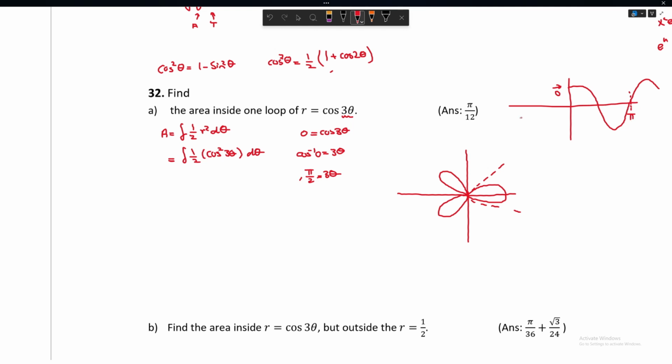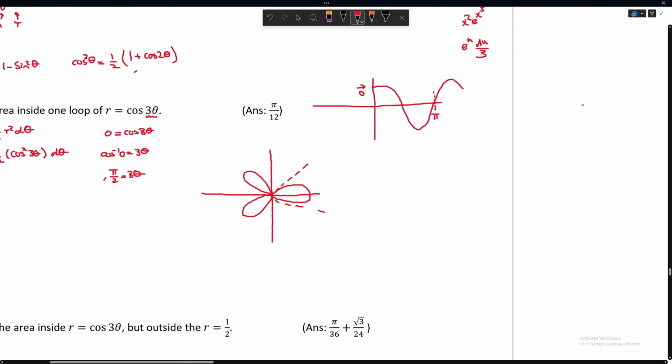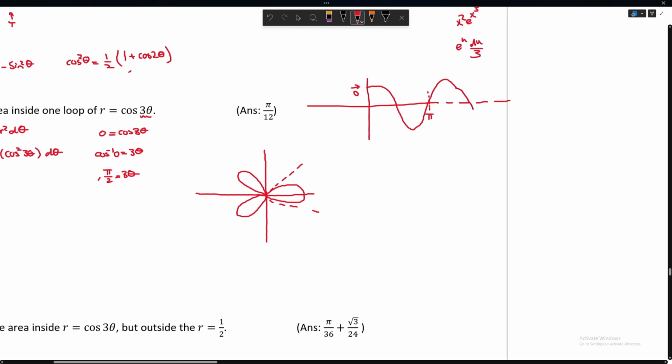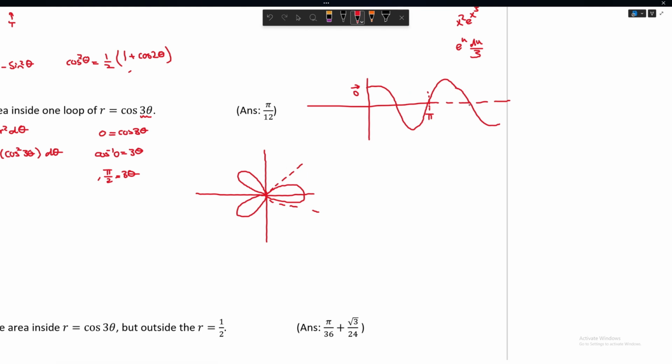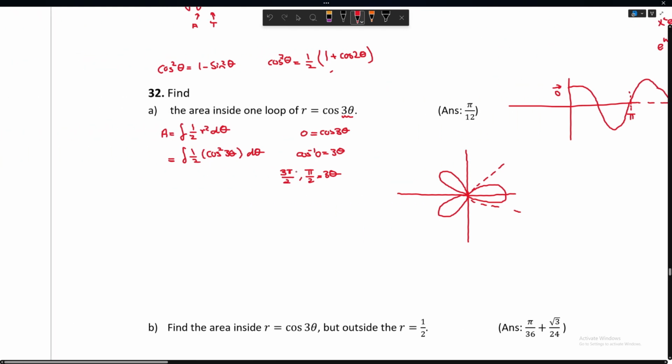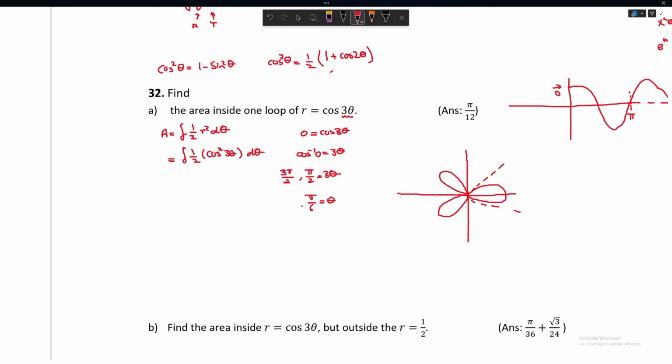So if we have pi over 2 and I add pi, I will get my next section, which is 3 pi over 2. Now this is not necessary, because what you could do here is divide by 3, so you'll get pi over 6 equals your theta, and 3 pi over 6, which is the same thing as pi over 3.